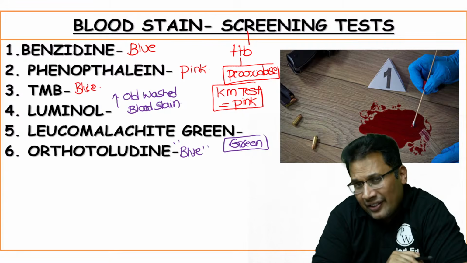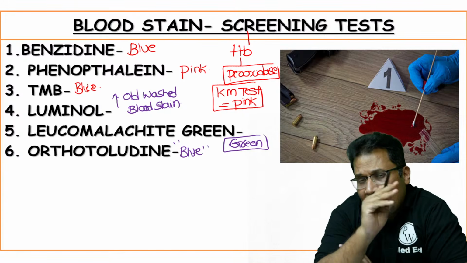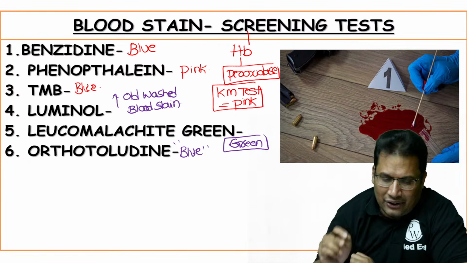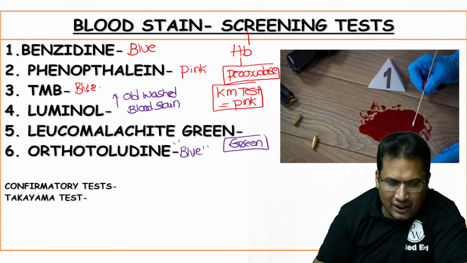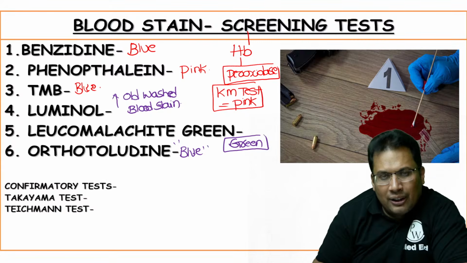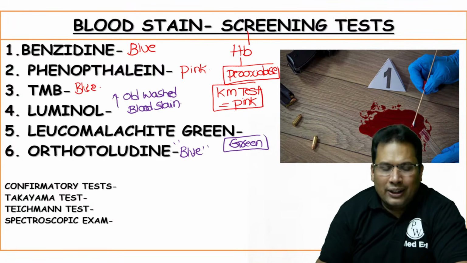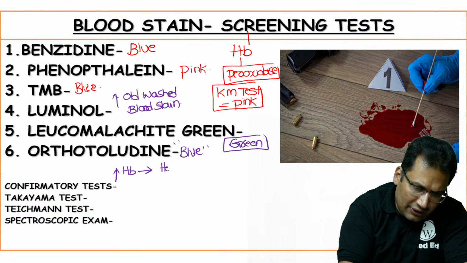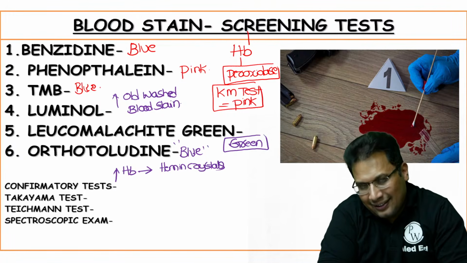So there are three tests: the Takayama test, the Teichmann test, and spectroscopic examination. The funda is, hemoglobin forms hemin crystals, or hemochromogen crystals.